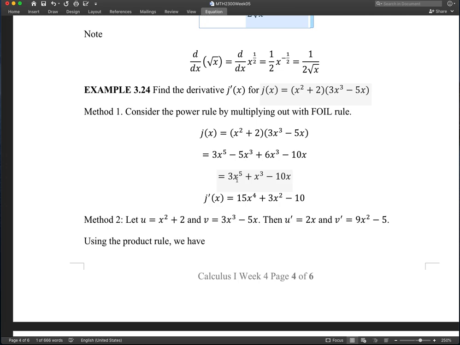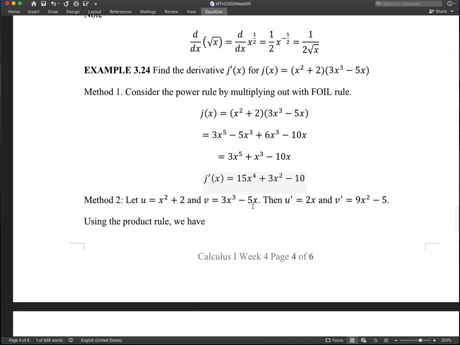Then from the trinomial, not from the product, I calculated the derivative using mostly the power rule combined with the sum rule, difference rule, and the constant multiple rule. So I got the derivative done, right?